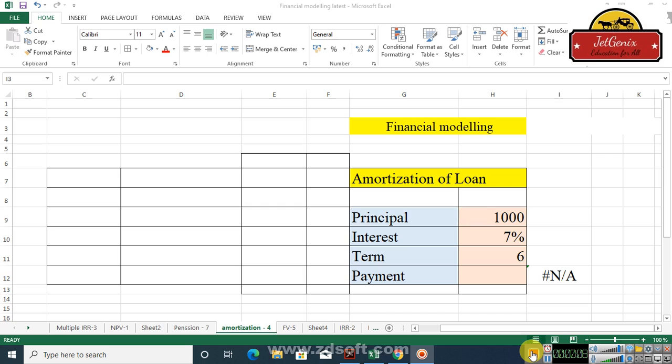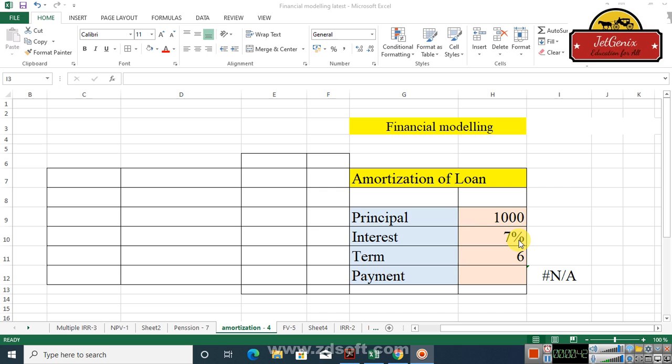And today we are going to talk about amortization of the loan. Now we have an example here. For example, we have taken $1,000 from a bank, and we are supposed to pay 7% interest on this $1,000 loan. The term of the loan is 6 years, which means that we are going to pay this $1,000 in 6 equal installments with the 7% interest payment.